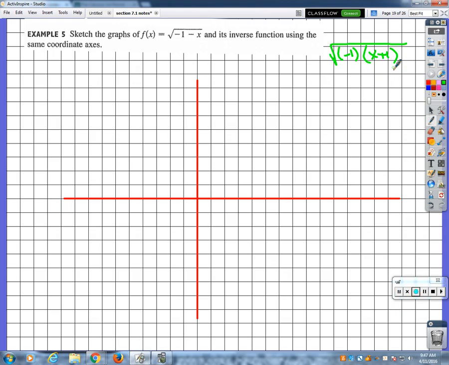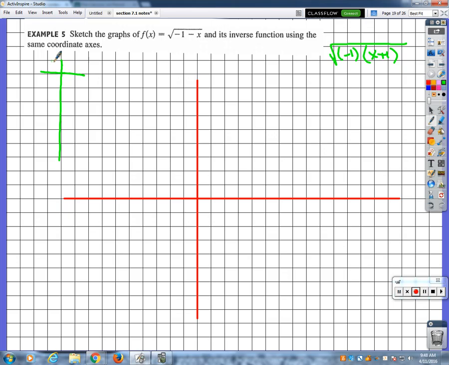Inside the parentheses is always a left to right thing, so it's going to flip it side to side. Logan, you have the graph. Does it look like that-ish? No, it does go from negative 1. So we flip it first and then move it.